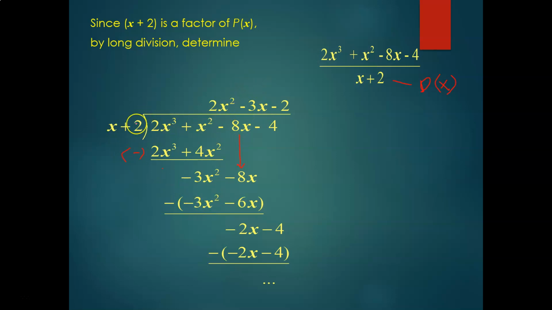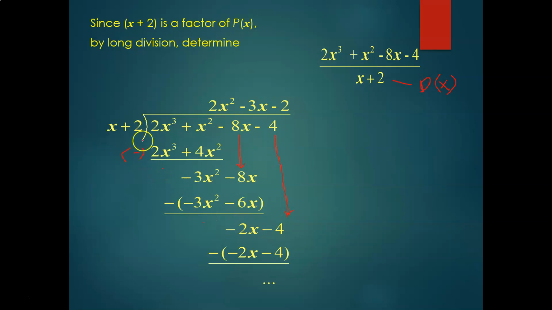Baki dia yang ni, 2 you multiply with negative 3x. 2 times negative 3x, you get negative 6x over here. So, kita tolak lah. Lagi sekali, kita tolak dia. So, this one become nil. And this one, negative 8x minus negative 6x, you get negative 2x. And this one, bawa turun lagi.